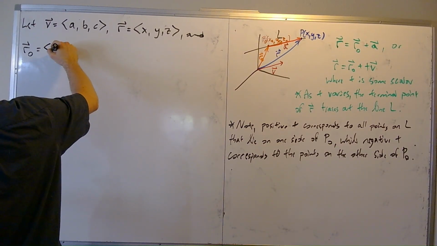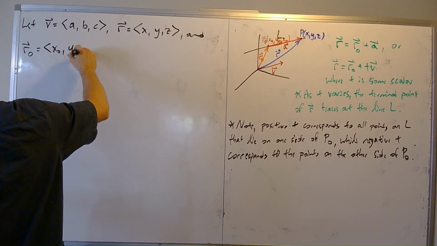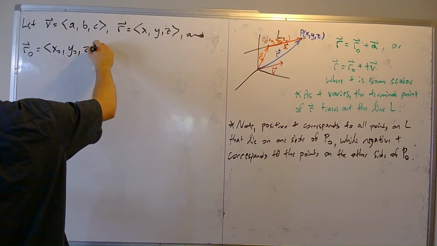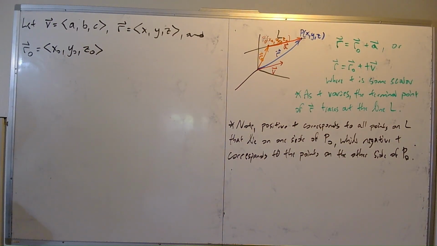It would be x0, y0, and z0, because those were the coordinates of the point P0.